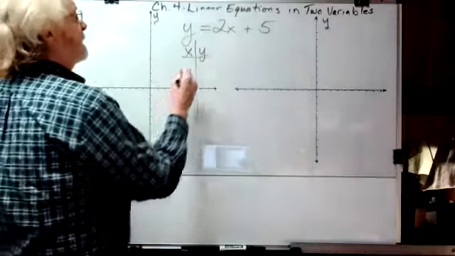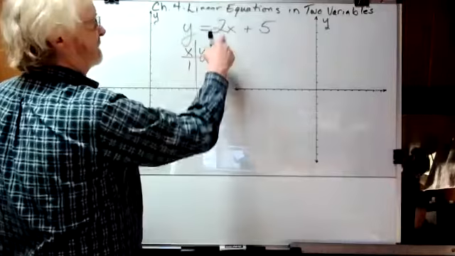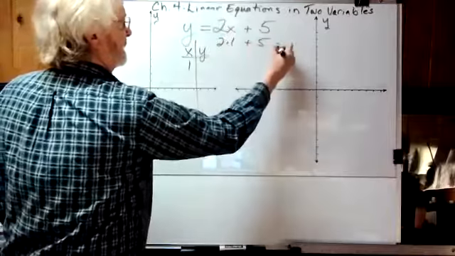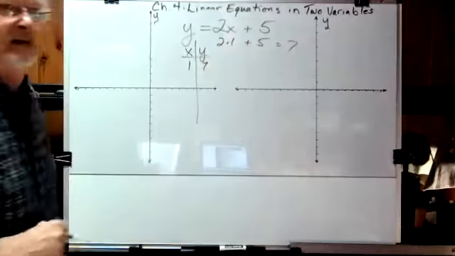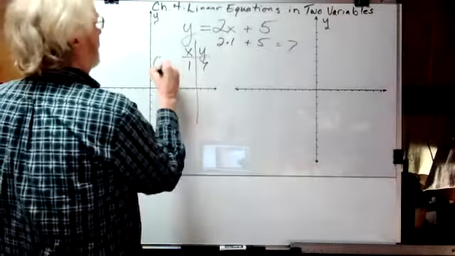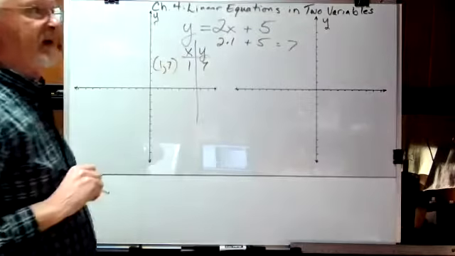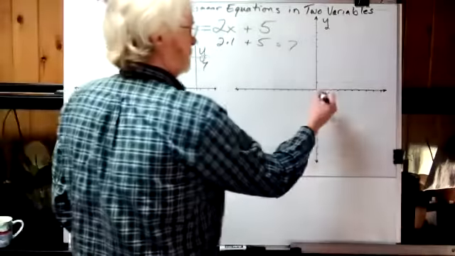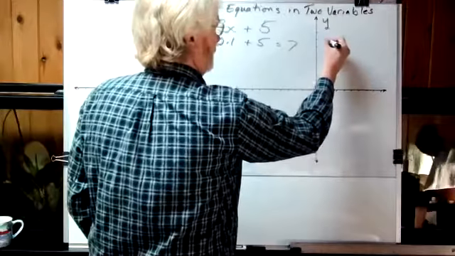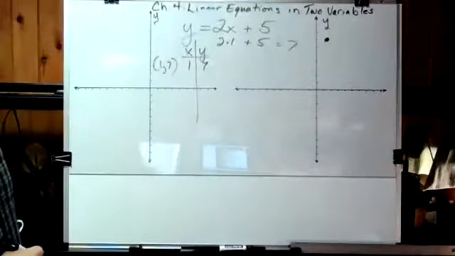If I put in, say, a 1 for the x, 2 times 1 plus 5, I get 7 must be the y that goes with a 1. So that's actually an ordered pair point on my graph. 1 for x, 1, 2, 3, 4, 5, 6, 7 for y, something way up there.